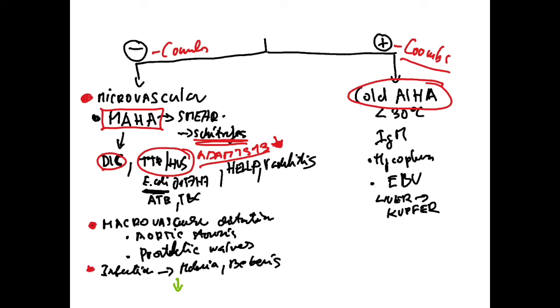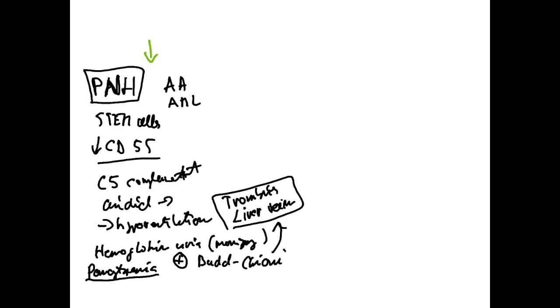And very importantly, also don't forget about PNH, which causes intravascular hemolysis. And over here, remember Budd-Chiari syndrome, thrombosis of the liver vein, and remember that it's a stem cell defect, so it's not autoimmune.